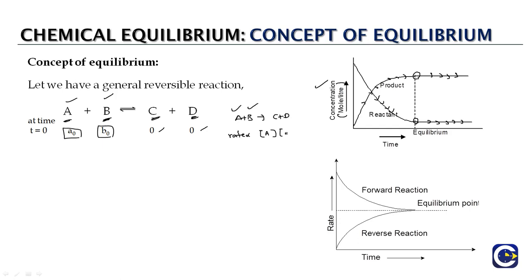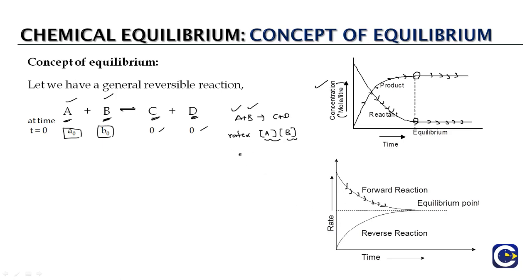So here we are representing the active mass in terms of the concentration of A power 1 and the concentration of B power 1. As time progresses, the amount of A and the amount of B are decreasing, so the rate of forward reaction will keep decreasing.